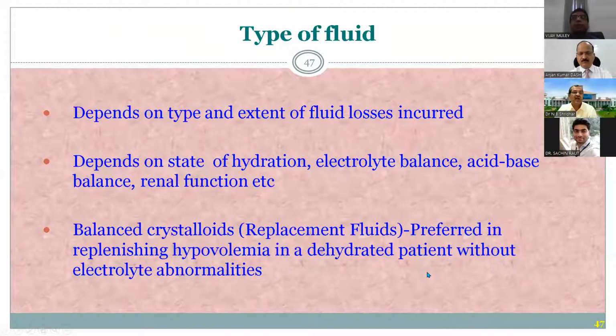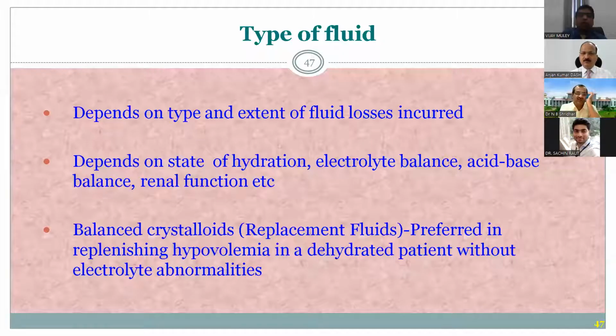The types of fluid depend upon the type and extent of the fluid losses incurred, especially in case of diarrhea and severe diuresis, where we can find a lot of dehydration.